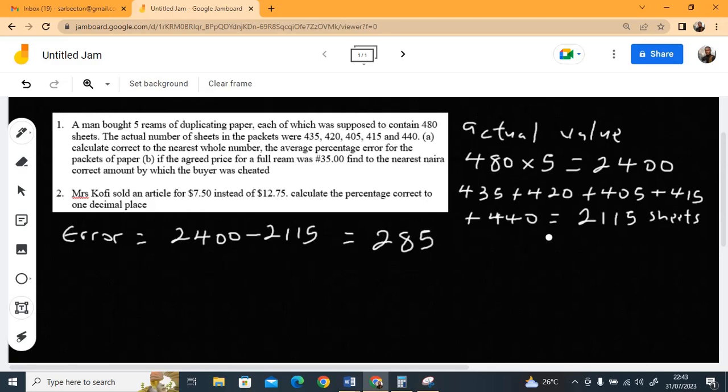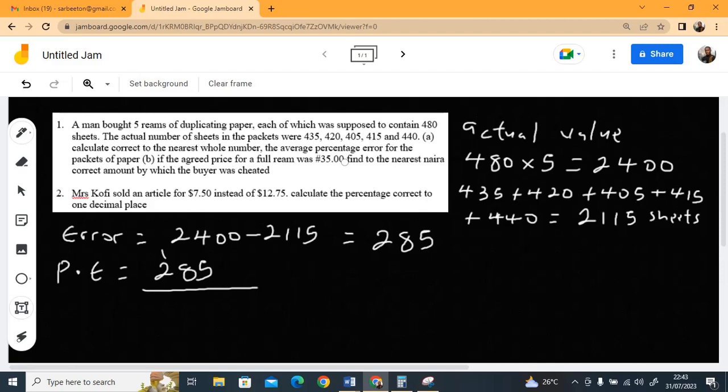Now to get the percentage error here, this is the error, right? That is 285, straightforward. Instead of doing this one again at the top, I've done this for you here. Now what is the actual number of papers in the ream? Each of them should contain 480.